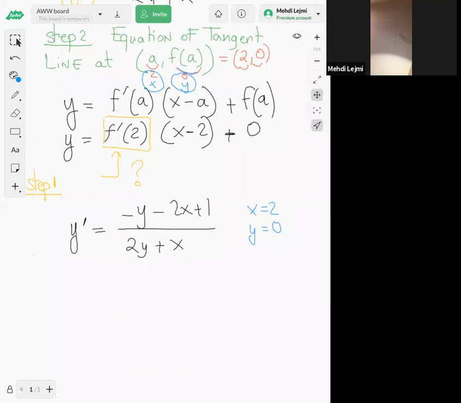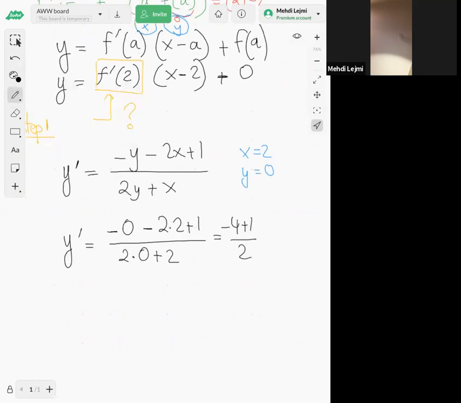So y prime would be minus 0 minus 2 times 2 plus 1 over 2 times 0 plus 2. On top we have negative 4 plus 1 over 0 plus 2, which is 2. So y prime is equal to negative 3 over 2.